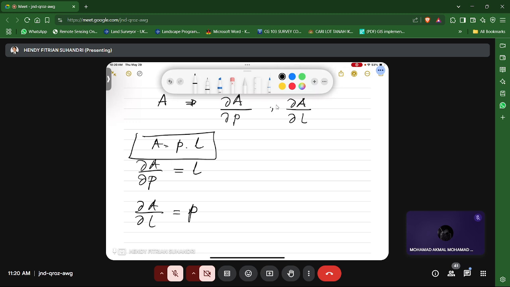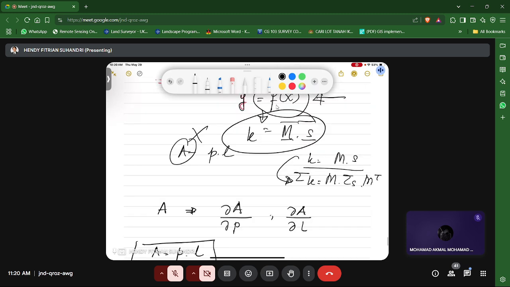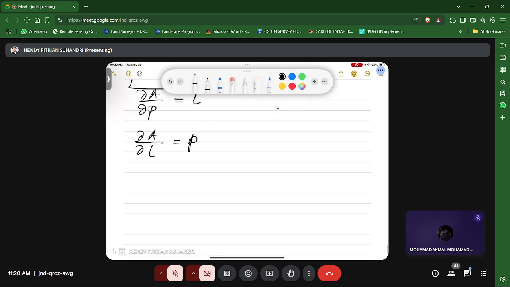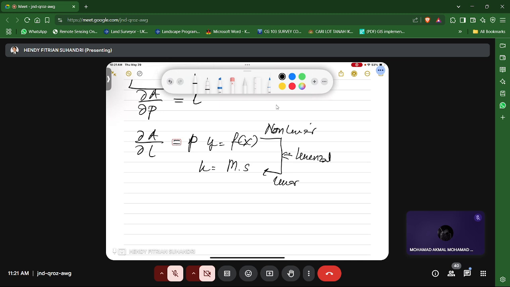Now, if you see this equation K equals M times S, before Y equals F of x, nonlinear to linear, so we have linearization here. Linearization, what you have with the partial derivative.